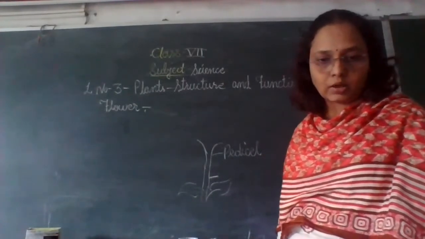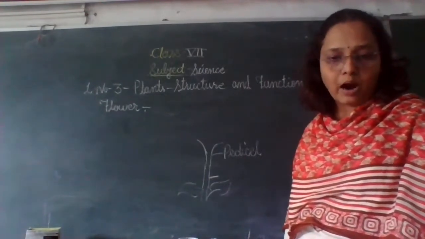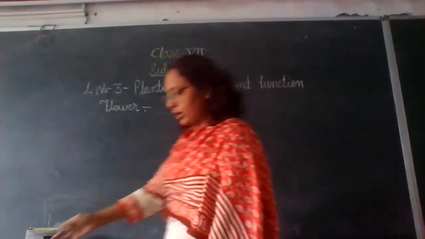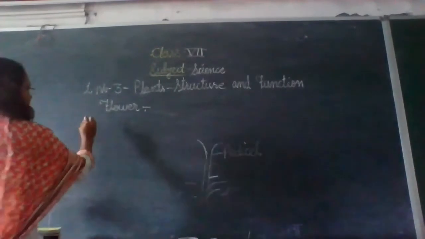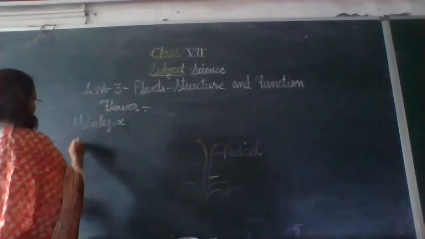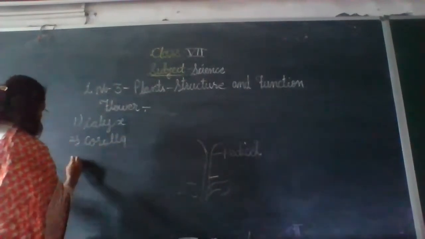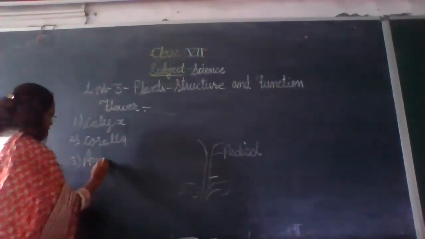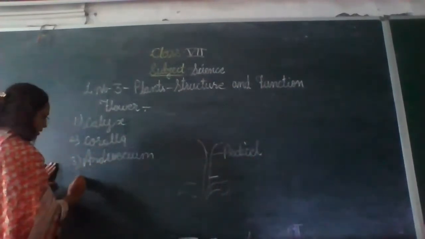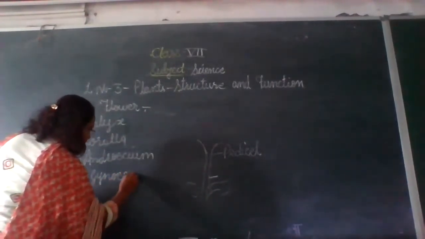Then calyx, corolla, androecium and gynoecium are the different parts of a flower. What are the different parts of a flower? Here we are going to write calyx, corolla, then androecium, and the fourth part is the gynoecium.